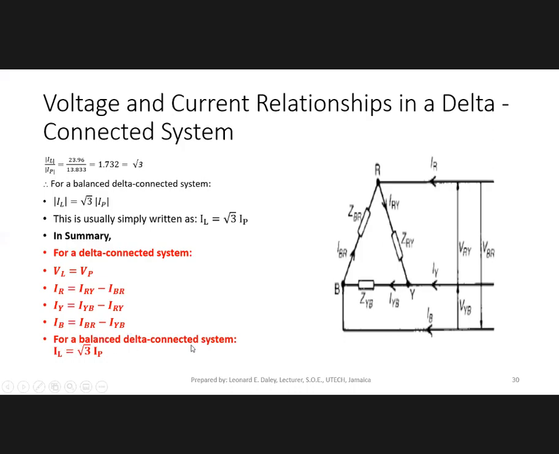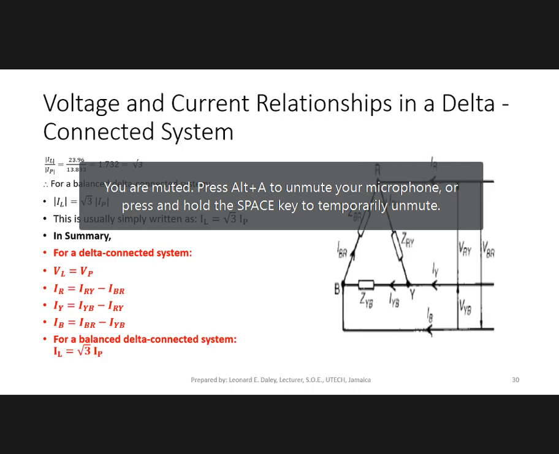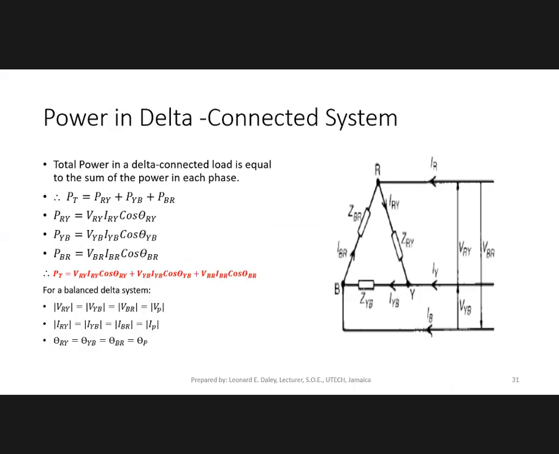And for a balanced delta connected system, IL is equal to root 3 I phase. These are some relationships that you will be applying, and you'll become an expert in no time.